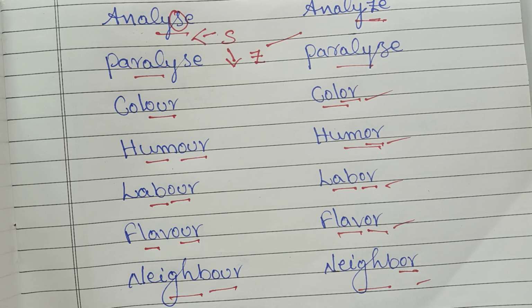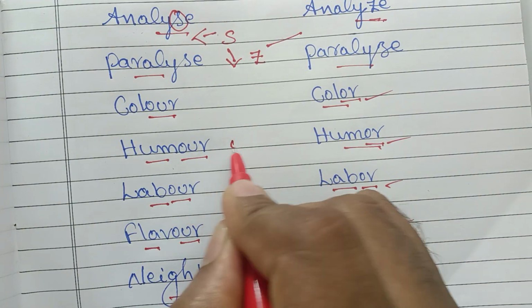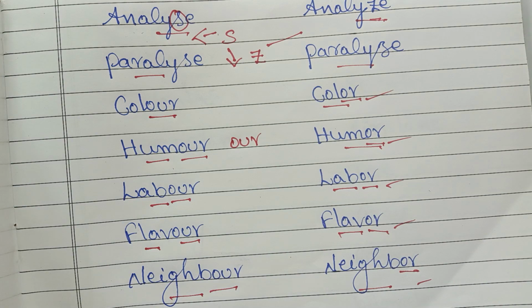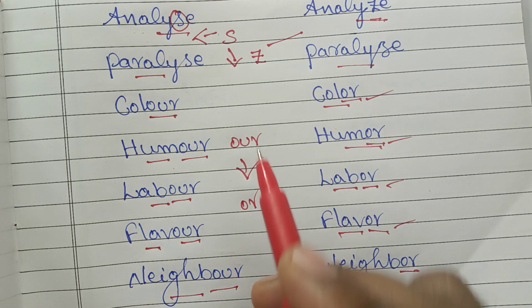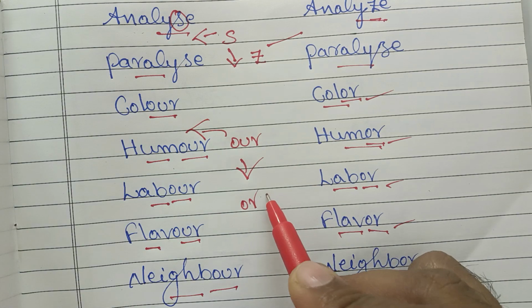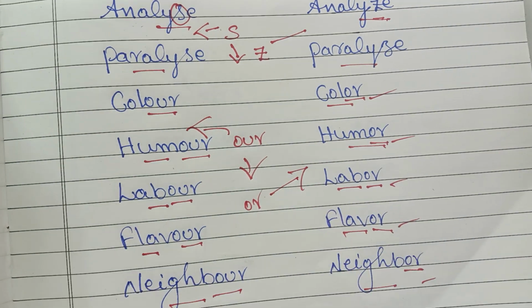So in the British words, it always ends with OUR, whereas in the American spelling just with OR.